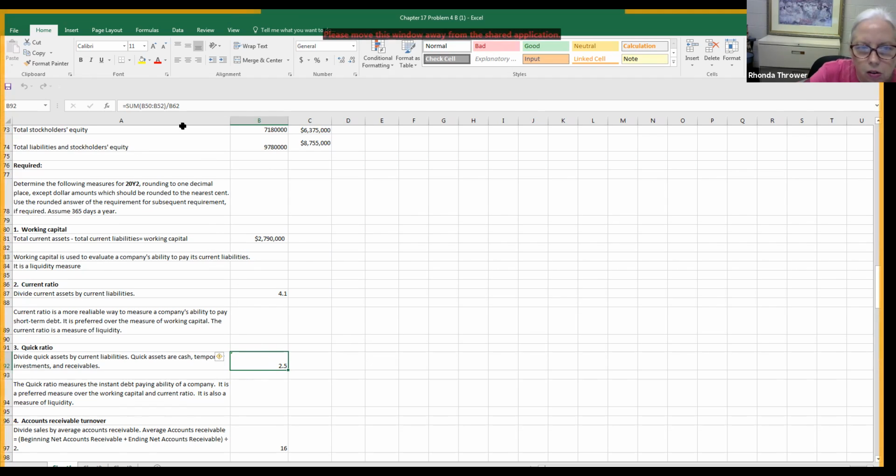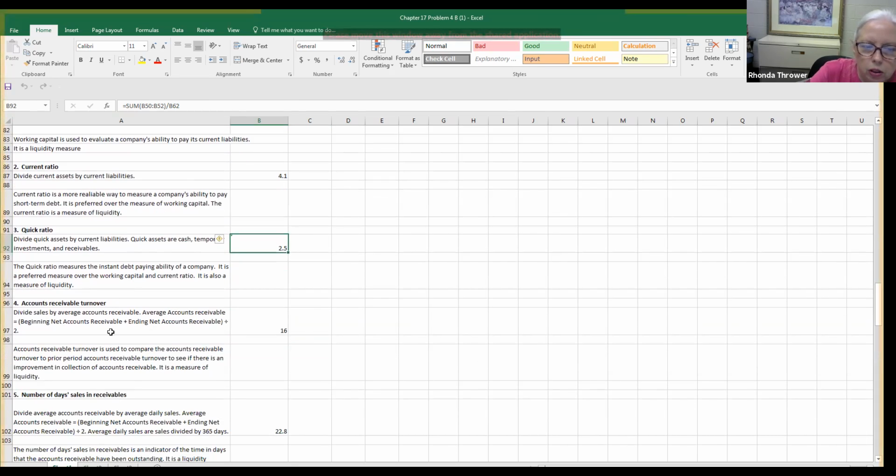And you can see in our formula, we took the total of our quick assets, which would have been cash, your marketable securities, and your net accounts receivable. And then we divide it by our current liabilities. That's how we get the quick ratio.